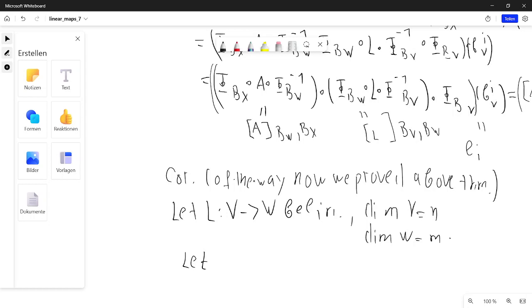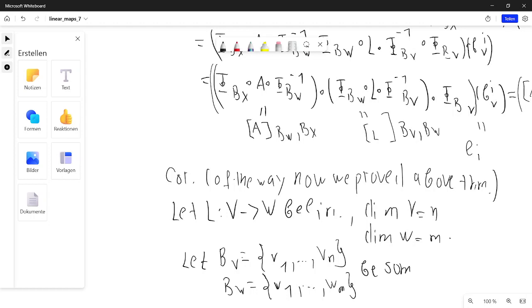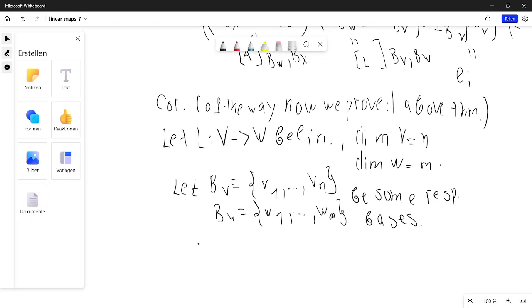Let B_V equal v1 to vn, B_W equal w1 to wm, be some respective bases.